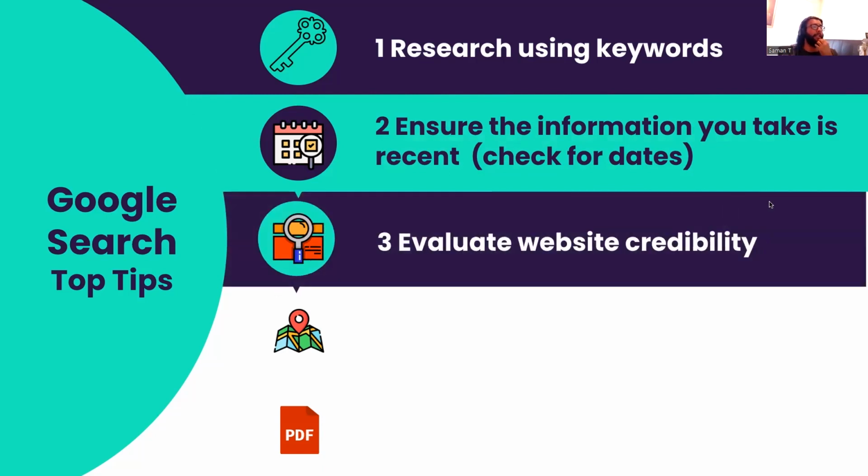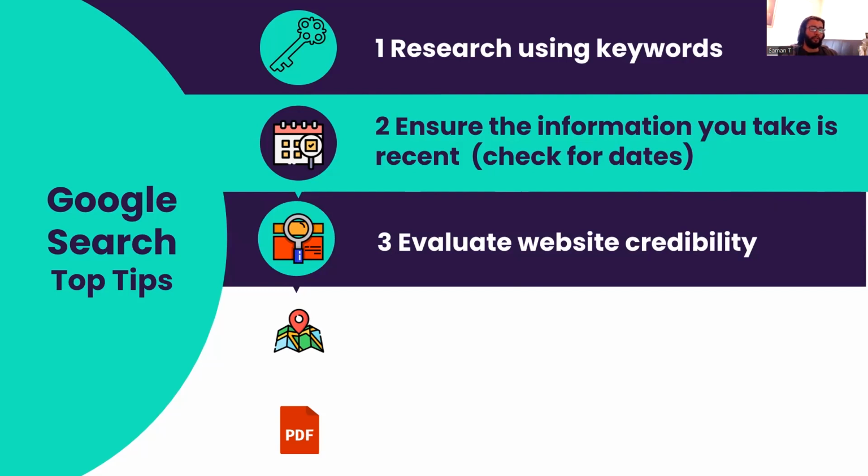Next would be to evaluate the website credibility. There's a lot of misinformation on the internet, and it can quite quickly become very difficult to make sense of what is right and what is correct and what is information that you can actually rely on. One of the ways to do this is to check multiple different sources.